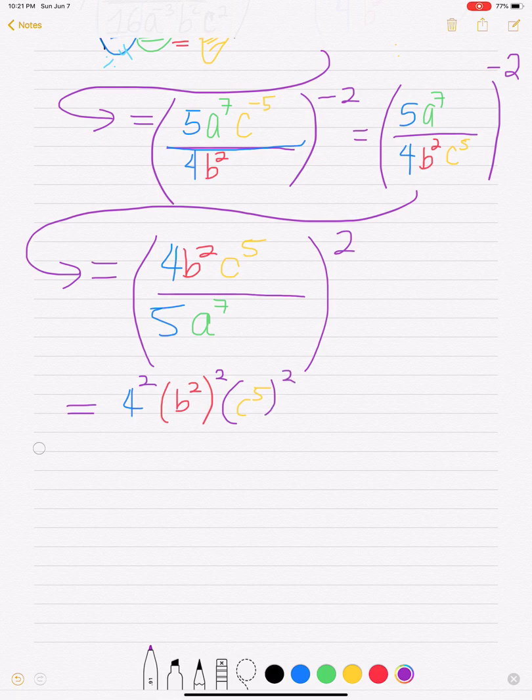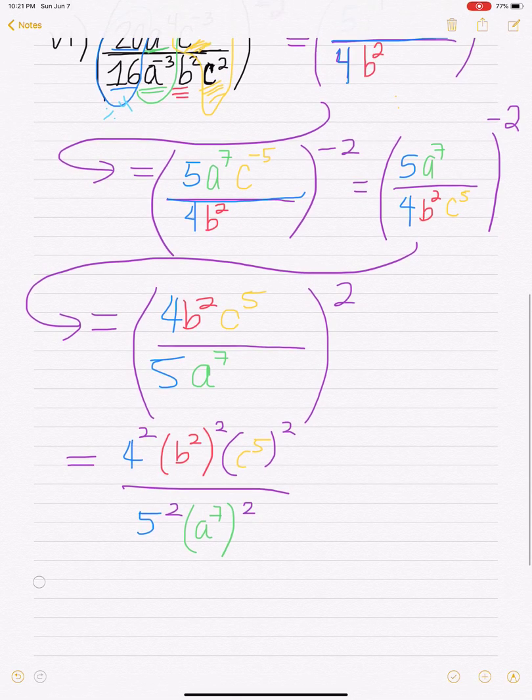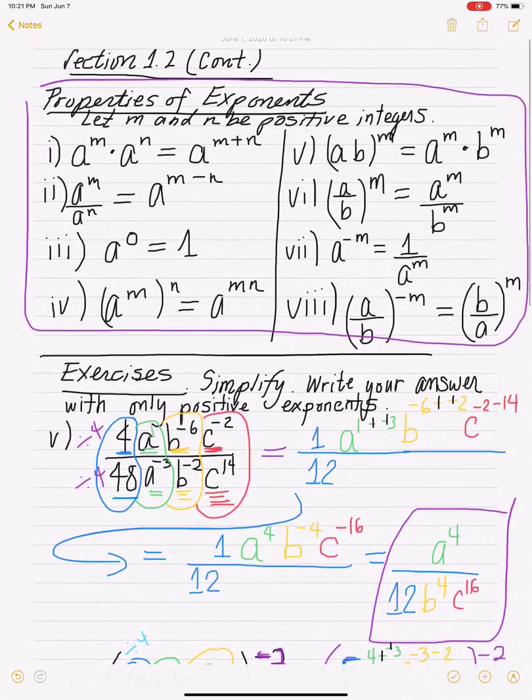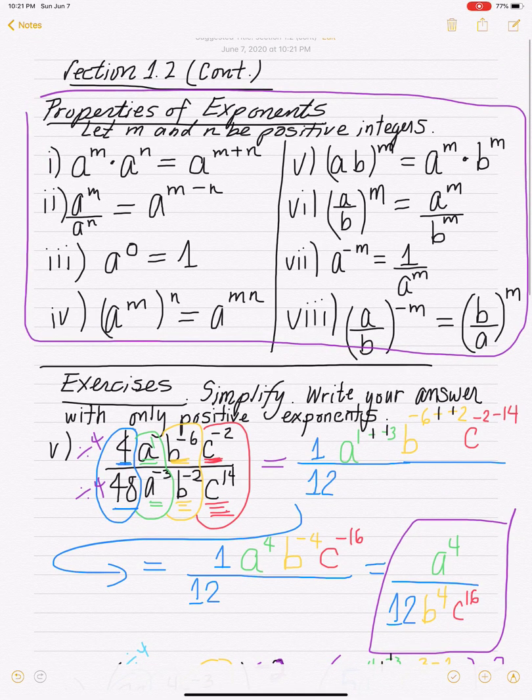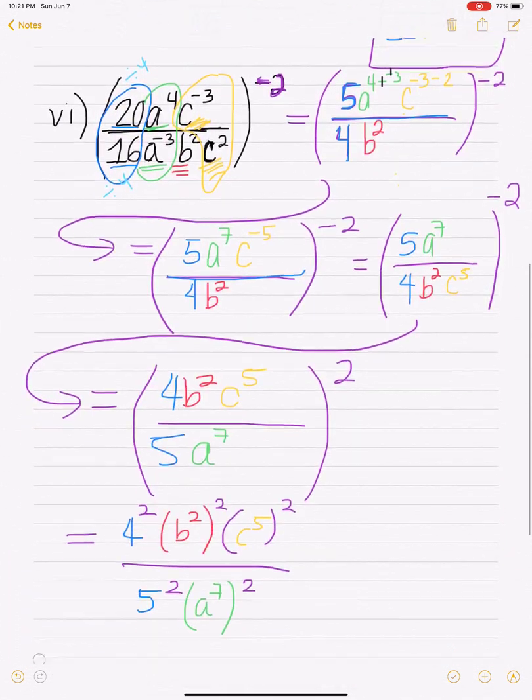So we're distributing our big old 2 exponent to everything in the top, and we're going to distribute to everything in the bottom. So on the bottom, we're going to have 5 squared, A to the 7th squared. This is using properties number 6 and number 5.